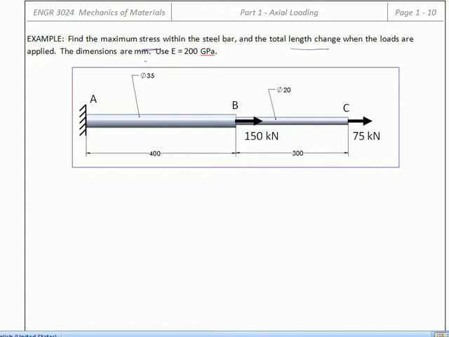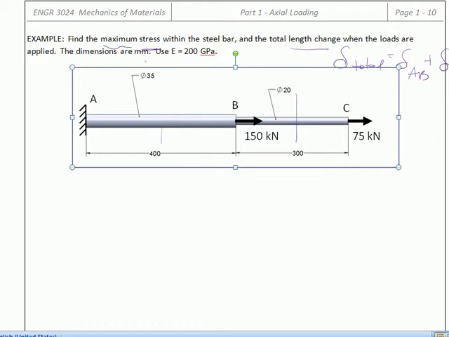Alright, the problem statement tells us a few things right off the bat. Total length change, so total deformation is going to equal the deformation of the two smaller parts, that within section AB and that within section BC.